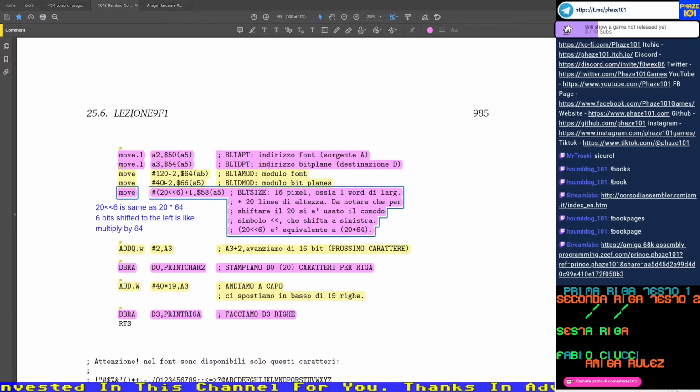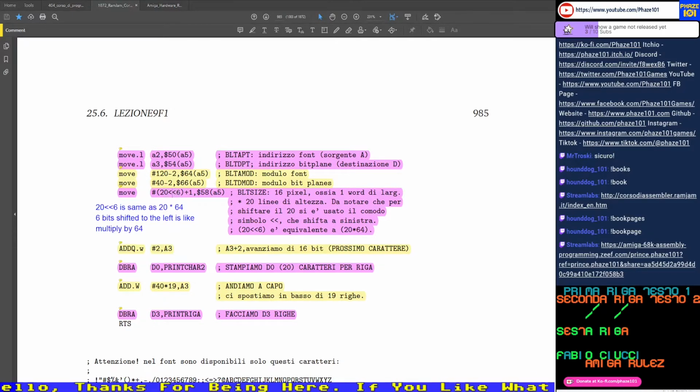Of course, it's 320 pixels, so 40 minus 2, which is the width of what we have here. Then we do our blit. The blit, as you can see, is 1 word wide and 20 lines high.